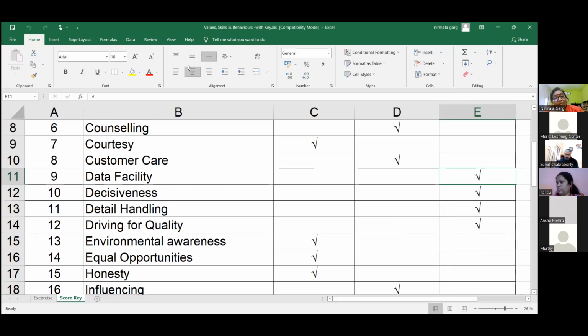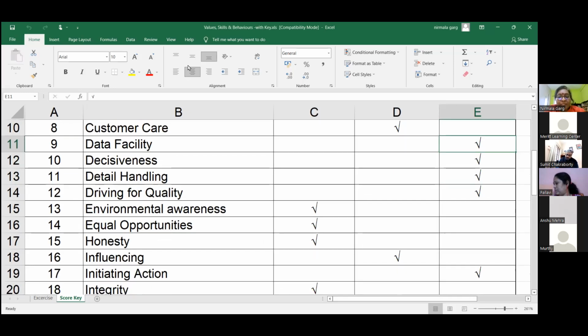Driving for quality is behavior as well as a value. Quality can also be a value. Environmental awareness is a value. Equal opportunities, value. Honesty, value. Integrity.